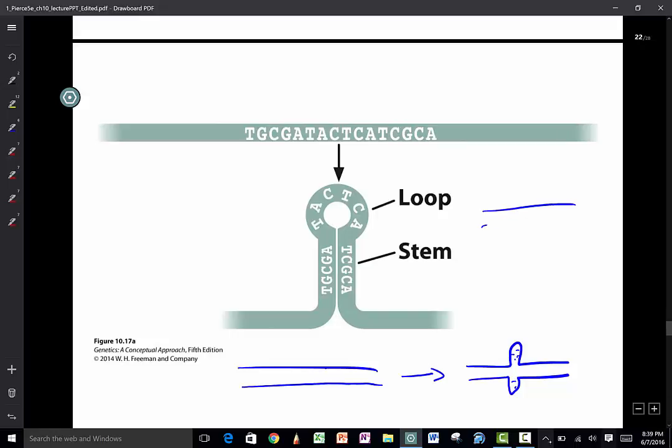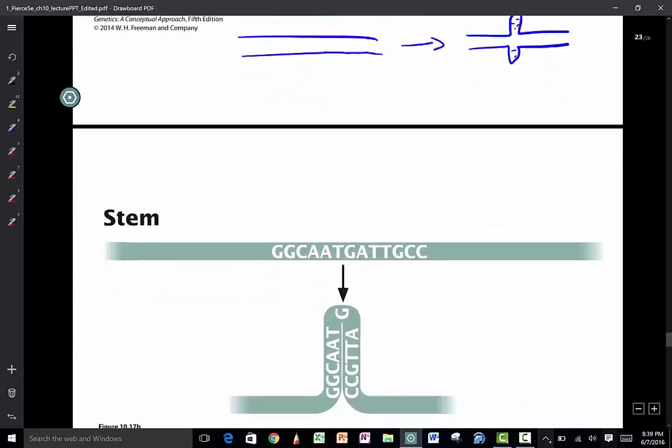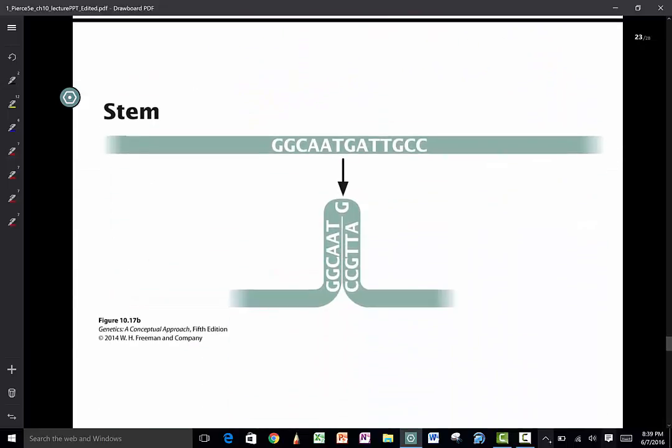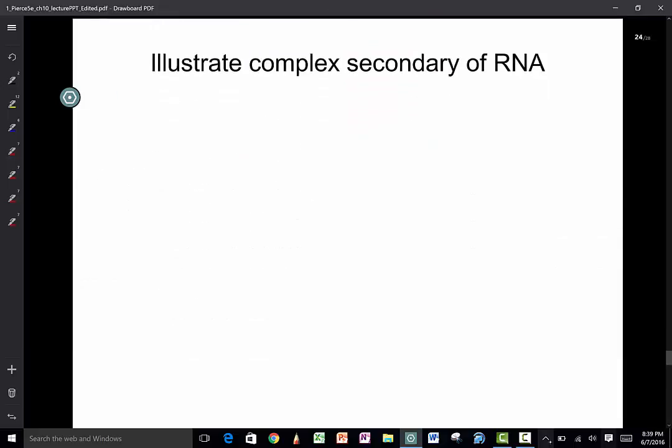Certainly when you're replicating DNA, there's going to be a point where it's single-stranded, and then you can form those things more easily. You can tell this is DNA because it's got T's in it. But RNA, well, that's just a hairpin.